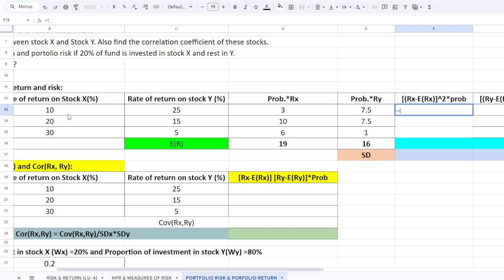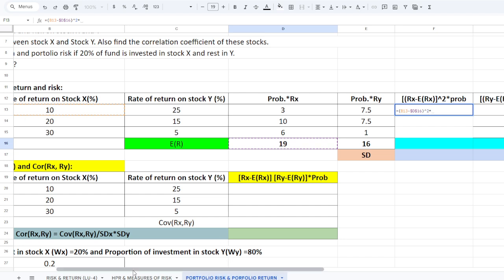We have R as 10 minus the expected return on X. Remember, because you are going to use the expected return for the three cells, we have a wonderful function in Excel: you can use the dollar sign, so that the formula automatically calculates whatever you would like to do. Then this whole thing is to the power 2 into probability.